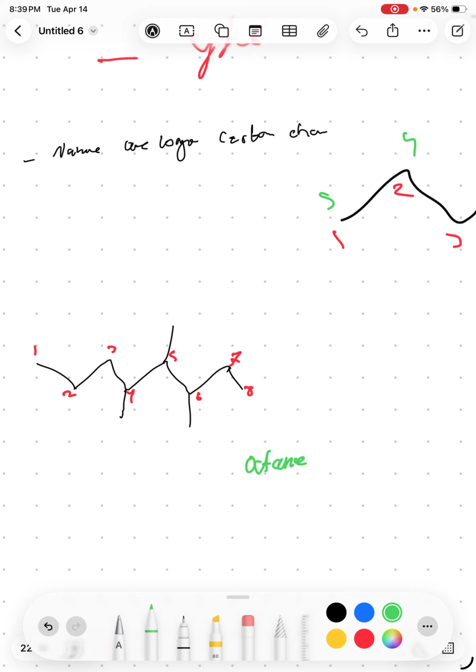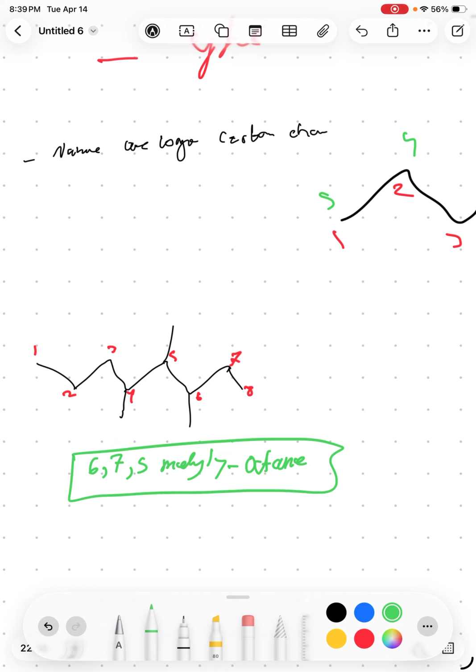Now how many methyl do you have? Tell me. Yeah, 3 methyl, right? And on which carbons? One is on 6, one is on 7, and one is on 5. So it's 5, 6, 7-trimethyloctane. That's the name.